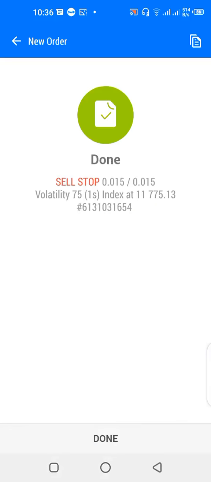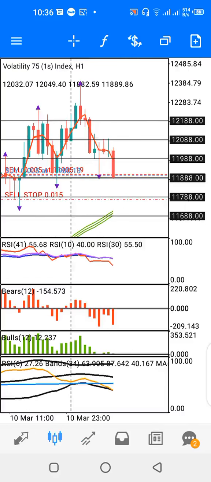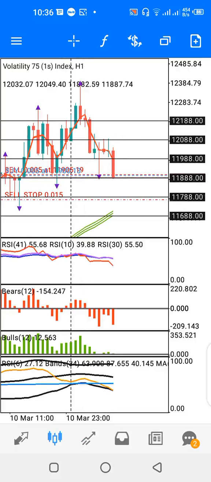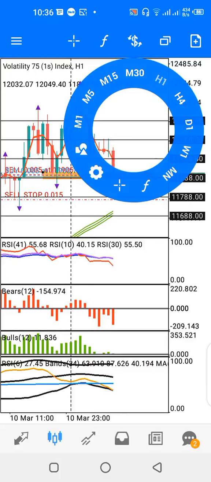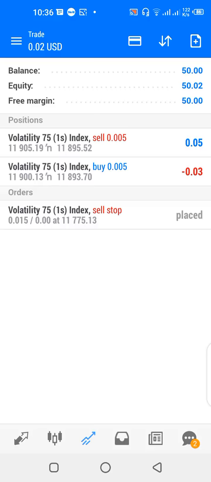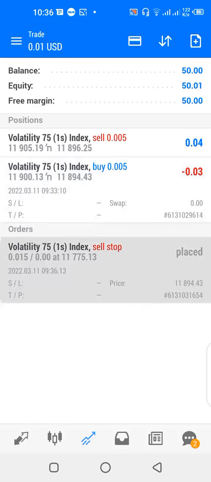That's my insurance against this. This is where my trades are. Now just place the sell stop around here to insure my trade against the running buy trade.